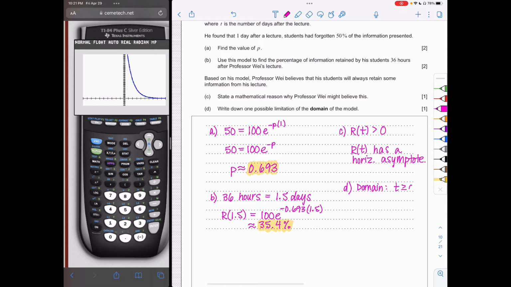The reason why we have a limitation for this domain is that if we say t has to be greater than or equal to 0, what we are saying is that time continues to increase. And we know that people do not live forever. People are going to die at some point. So time will not increase forever for a person.